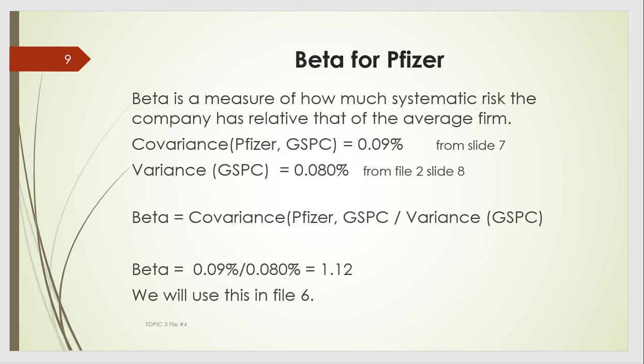So beta is 0.09% divided by 0.08%, which is 1.12. So the beta for Pfizer is slightly more risky than average. It's about 12% more risky than the average stock, and therefore we'll get about 12% more premium for systematic risk than average for the stock. And we'll talk about this more in file 6.